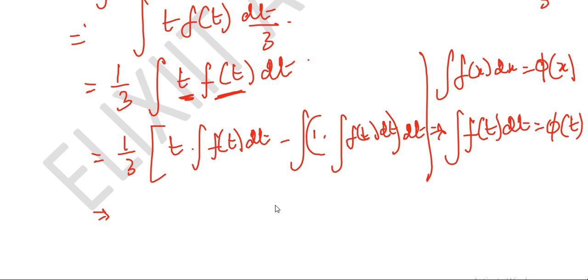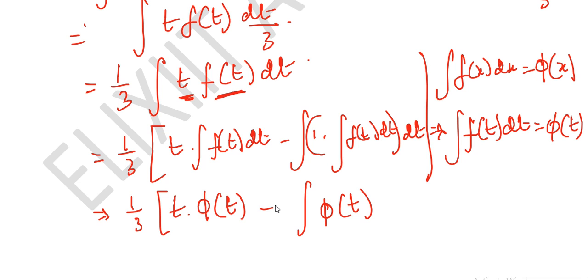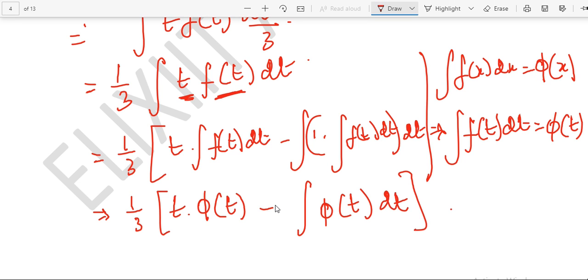So we have 1 by 3 multiplied by t into phi of t minus integration phi of t dt.